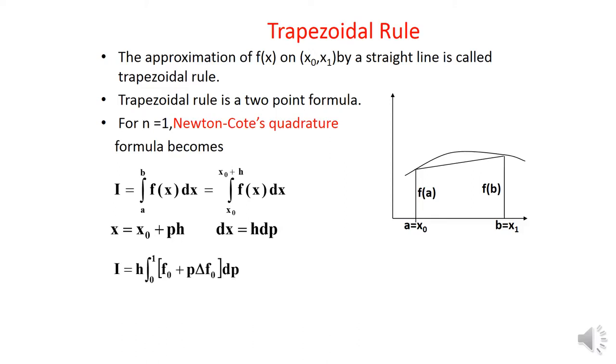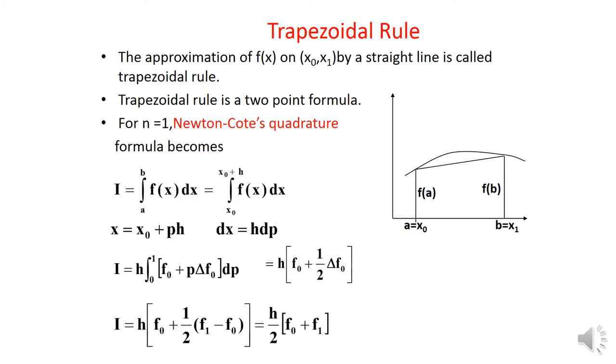We substitute the value of x and dx in the value of I, and we write down the limits also as 0 to 1. So when we substitute f(x0 + ph) and expand it with the help of Newton's forward interpolating formula, we get f0 + p Δf0, and the limit is 0 to 1, h dp is the value of dx. Now we integrate it term by term and substitute the limits. So we see it comes h (f0 + ½ Δf0).